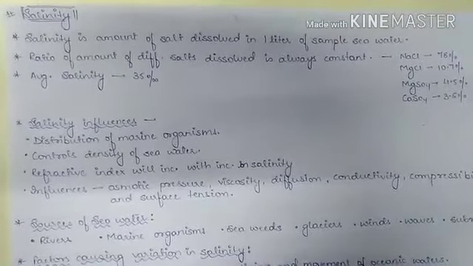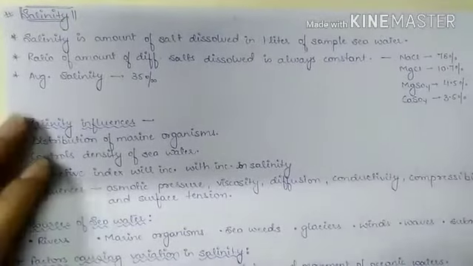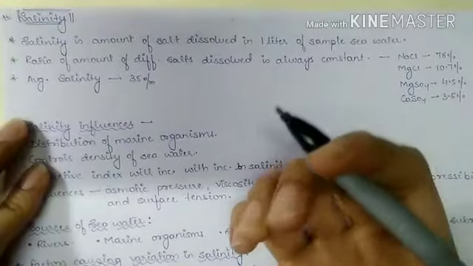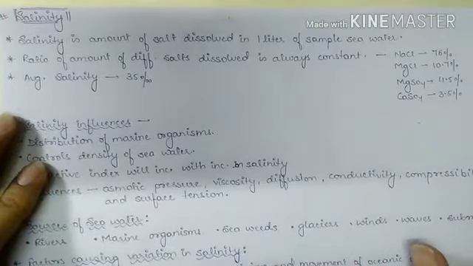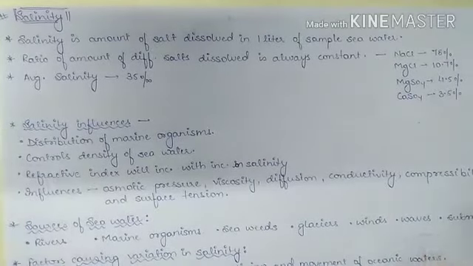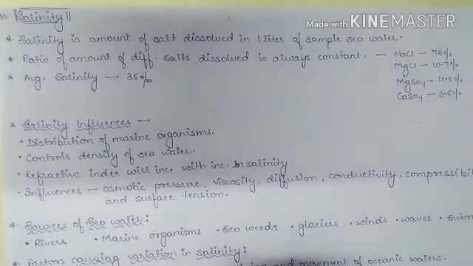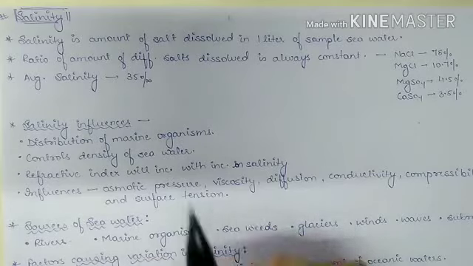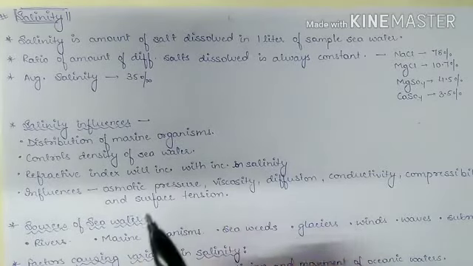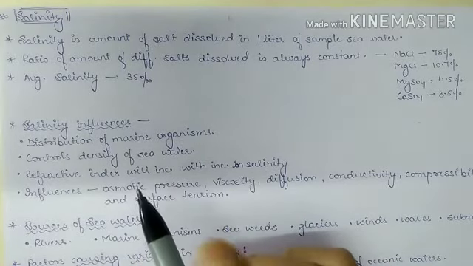Because of such a property, we have salinity in ocean water. Salinity can be simply defined as the concentration of dissolved salt in water, or the amount of salt dissolved in 1 liter of sample seawater.